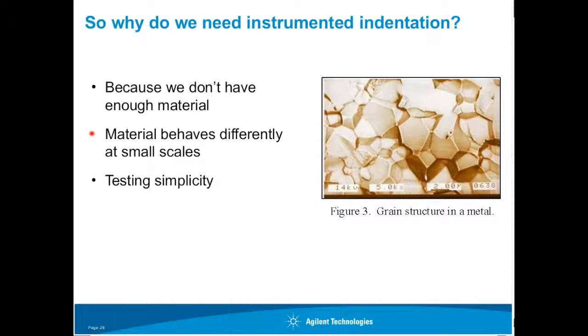And if you're going to actually use the material as a thin film, then you want to measure its properties as a thin film, because generally those properties are going to be different than if that chemically identical material existed as a bulk material.